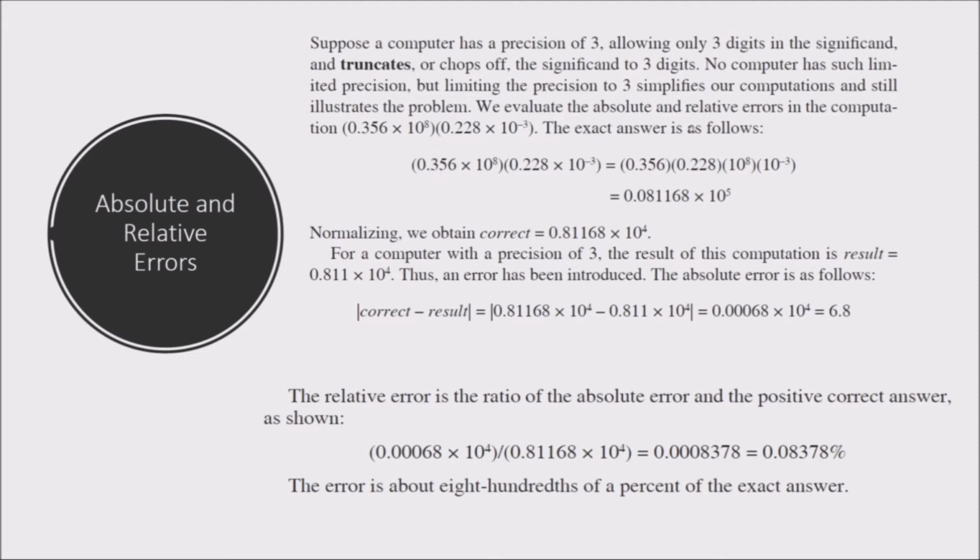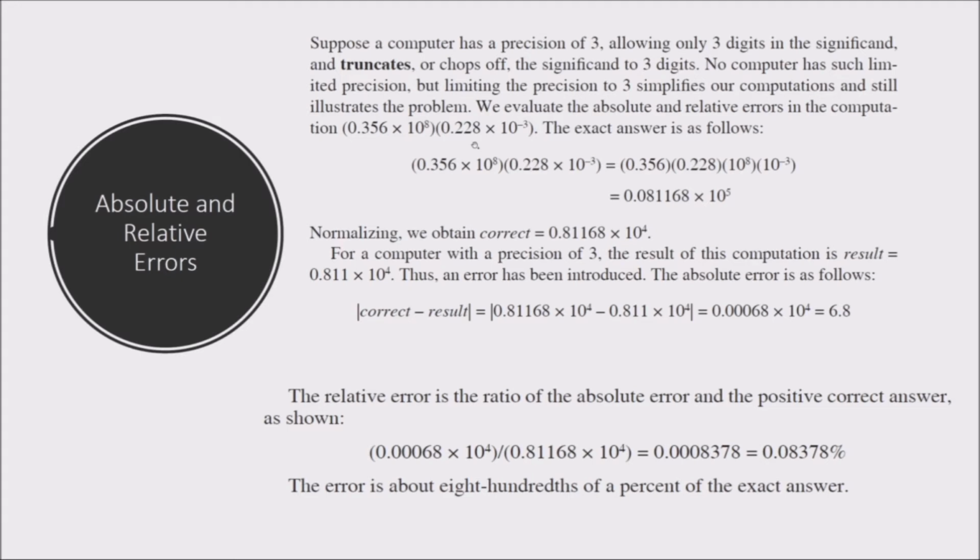No computer has such a limit on precision, but limiting the precision to 3 simplifies our computations and still illustrates the problem. In the beginning you had a 16-bit machine, then it became 32 later on, now it's 64. So anyway, you have a very small machine that can store only 3-digit numbers, right?